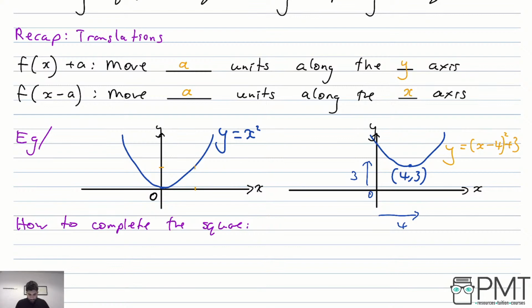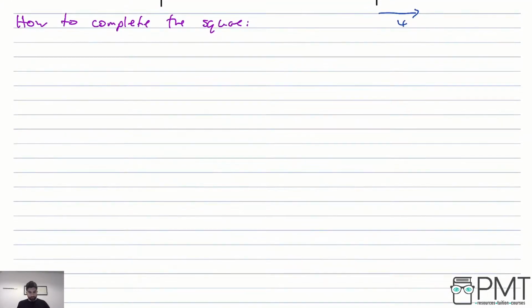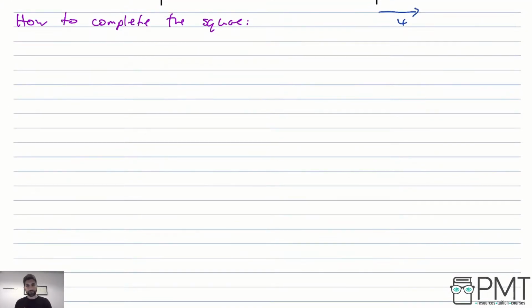Okay, let's move on to how to actually complete the square and what completing the square is. Suppose we start with y equals x plus 2 squared plus 3. I'm not completing the square now, but I'm just starting with an expression which is in the completed square form. But suppose we expand this.